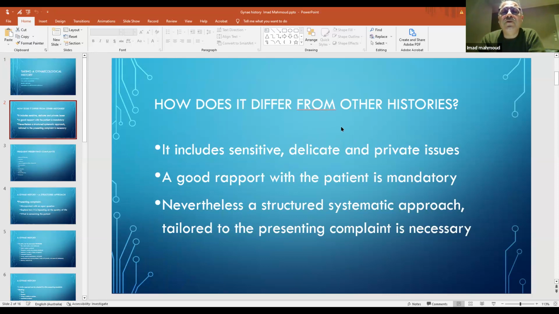That's why you have to establish a very good relationship with the patient, gain the patient's trust before you start going into the depth of history taking. So you have to have a structured, systematic approach and tailor your history taking to the complaint of the patient, and focus on the problem.